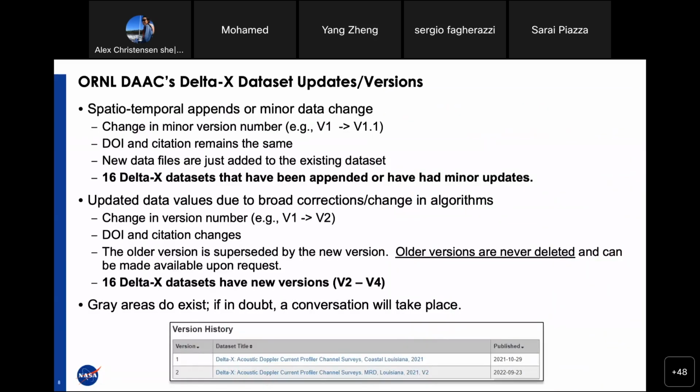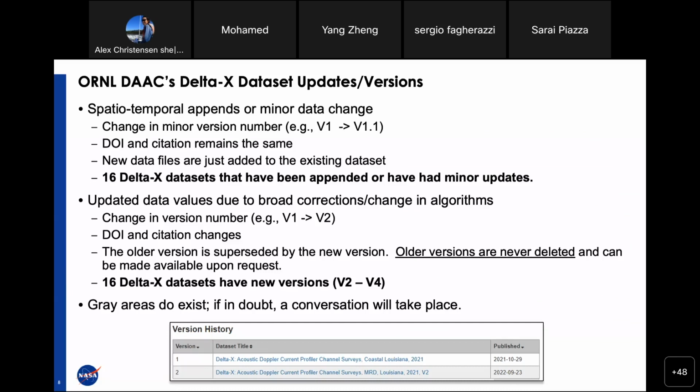We also handle updates and versions. We do minor version number changes. That's just for appends. If we're just appending data to an existing data set, we will make some minor data changes. And by minor, I know we've had for Delta X, we received some CSVs that might have been produced in Excel, and maybe the date in there changed to a number code.